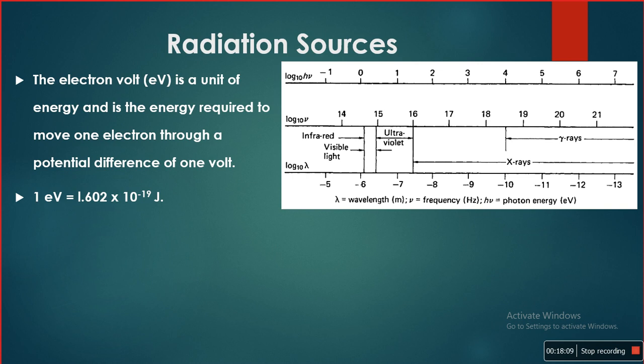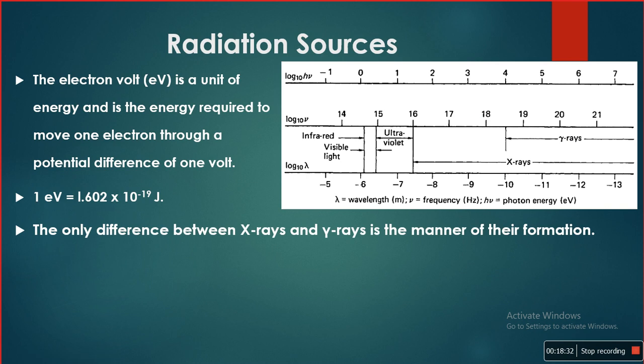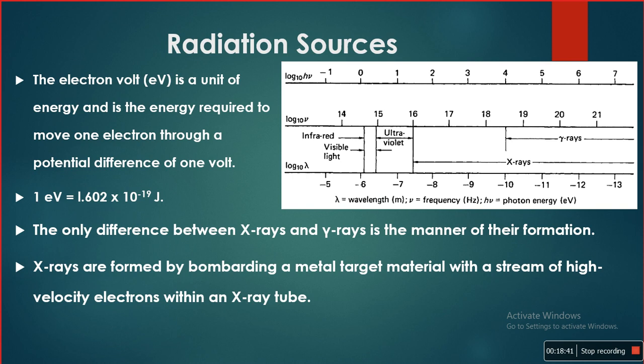So here we can say that X-rays have a lower frequency than gamma rays, which means lower electron volt or photon energy, and gamma rays have higher photon energy. If you consider the fundamental difference between X-rays and gamma rays, X-rays are formed by bombarding a metal target material with a stream of high velocity electrons within an X-ray tube.